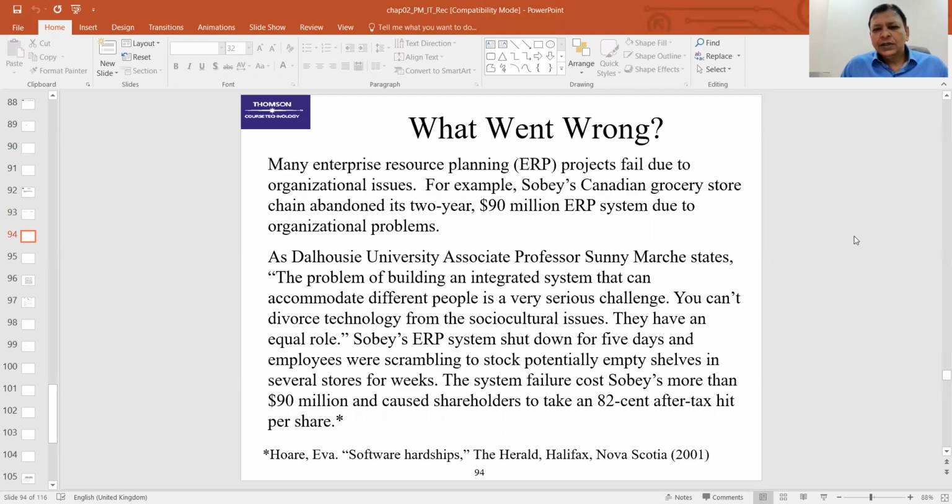There is a very famous case study on ERP systems, which are now the requirement of every company in the market. We have the HR system, customer relationship management system, attendance system, payroll system, supply chain management system. There are several systems and they are all integrated.